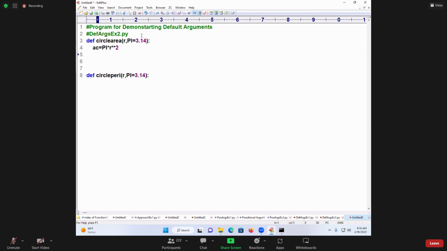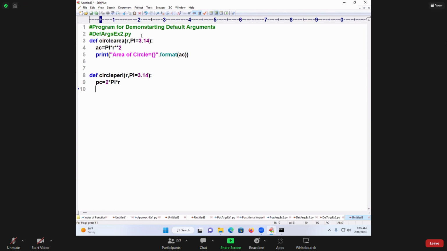Print area of circle is equal to, dot format of AC. Similarly, perimeter of circle, BC, is equal to 2 into pi into r, that is 2 pi r. Print perimeter of circle is equal to, dot format of BC.